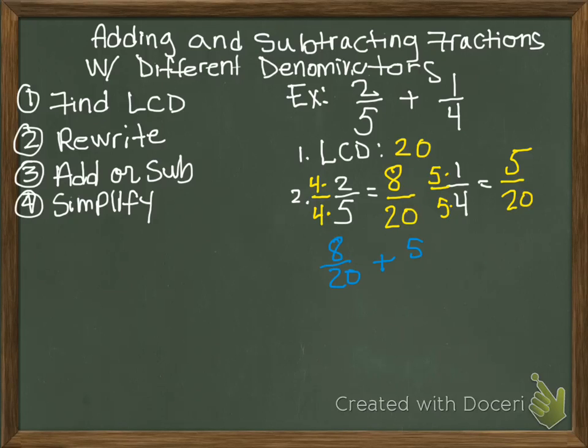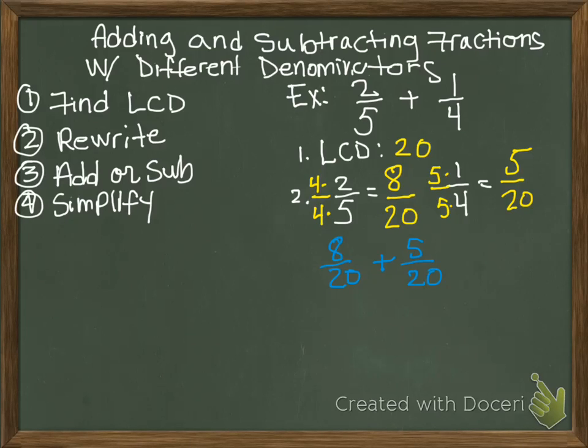Now our fractions have the same denominator. They're equivalent fractions, but with the LCD as the denominator. So instead of 2 over 5 plus 1 over 4, we have 8 over 20 plus 5 over 20. We have to do this because we can't add the fractions the way they are written, so we had to rewrite the fractions in terms of the LCD.